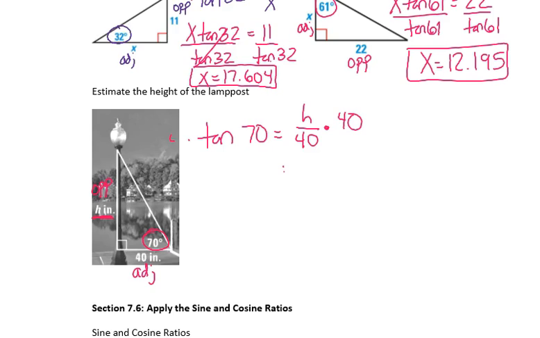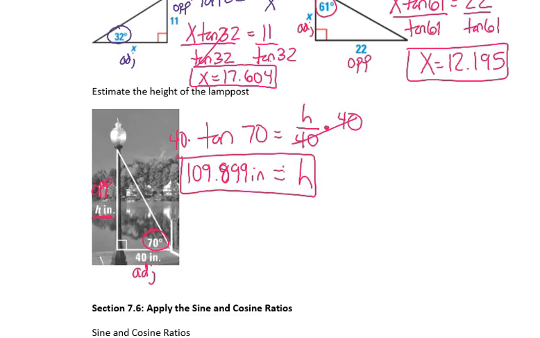Multiply by 40 on both sides. Okay, those cancel out, so I just have H. In your calculator, type 40 times tan of 70. And you should get 109.899 inches. Okay, and that's really all there is to the tangent ratio.